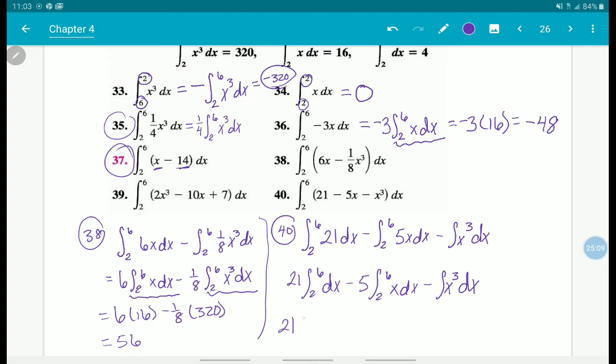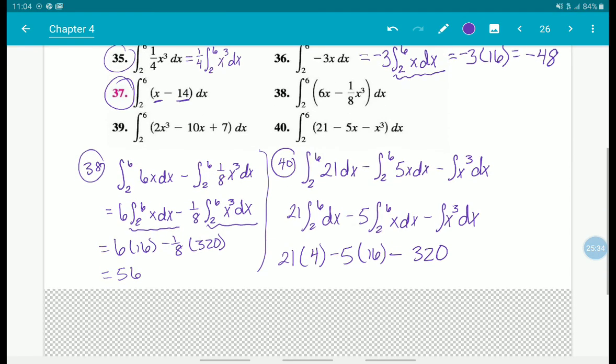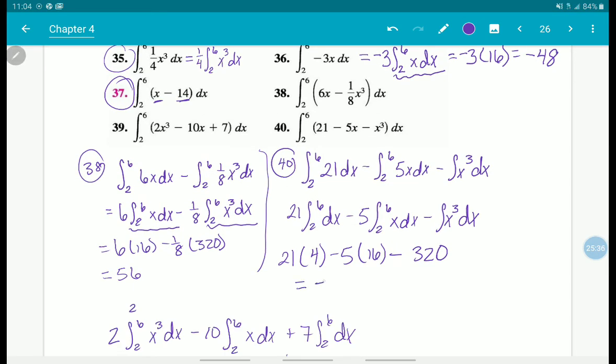Integrating x dx, we get 4. Integrating from 2 to the 6 of dx, we get 4. Integrating 2 to the 6 of x dx, we get 16. And integrating x cubed, we get 320. So I got negative 316 when I substituted that in.